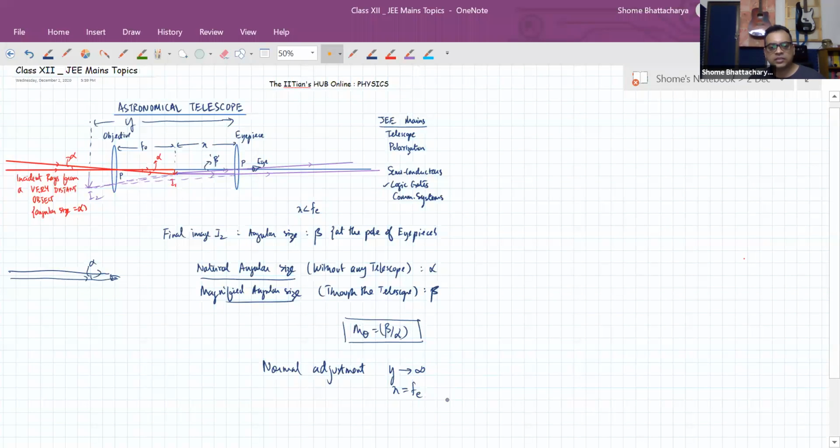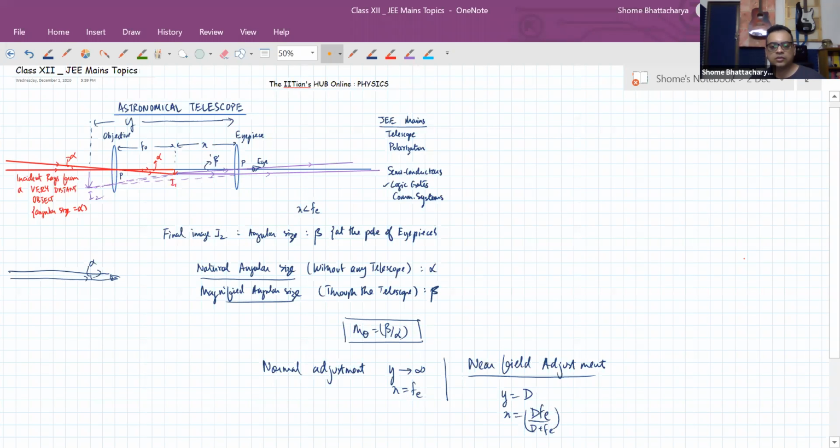Whereas for near field adjustment, you want y to be equal to the least distance of distinct vision. So x will become this kind of distance, which we discussed about the microscope also. Accordingly, you adjust the distance between the eyepiece and the objective to get this range.